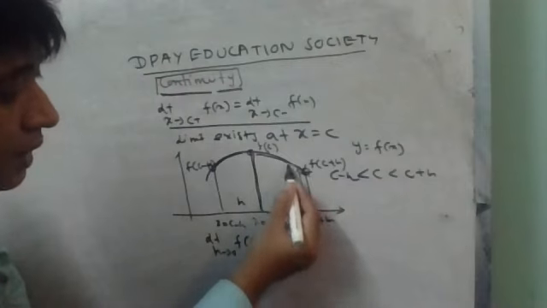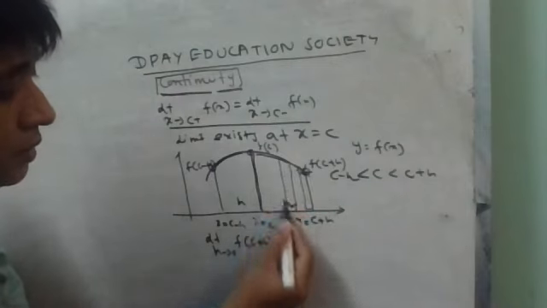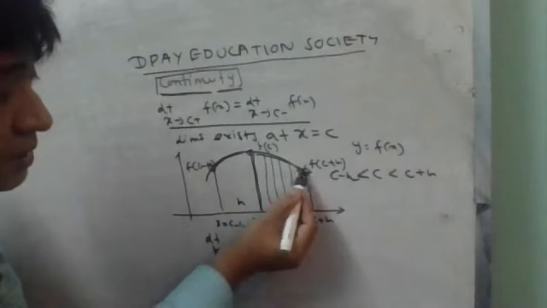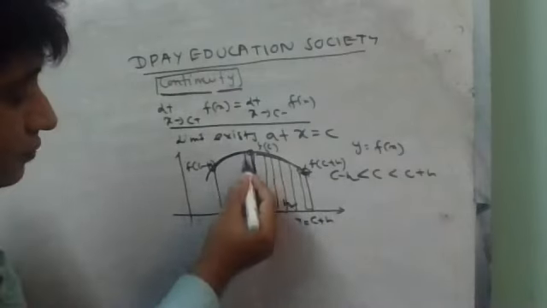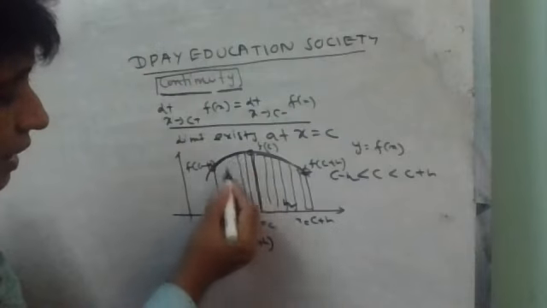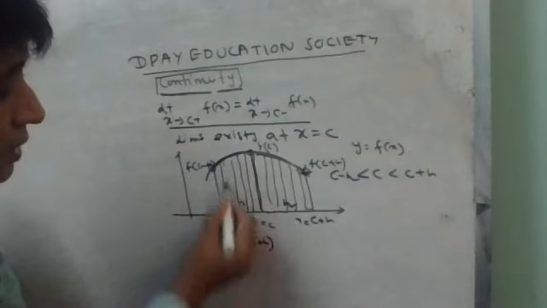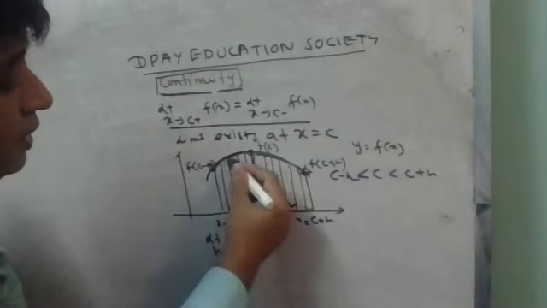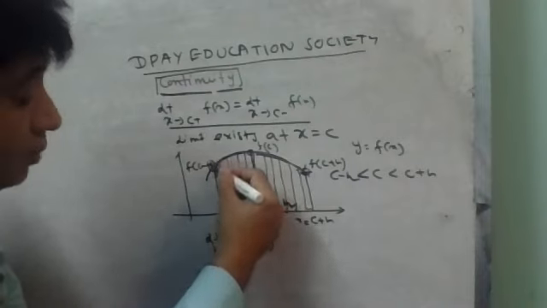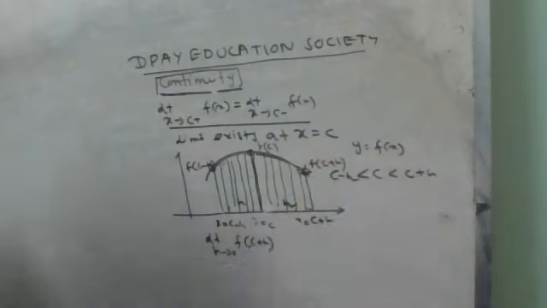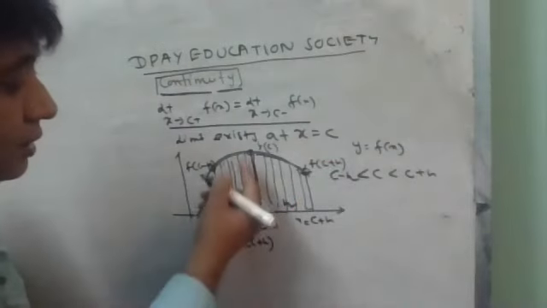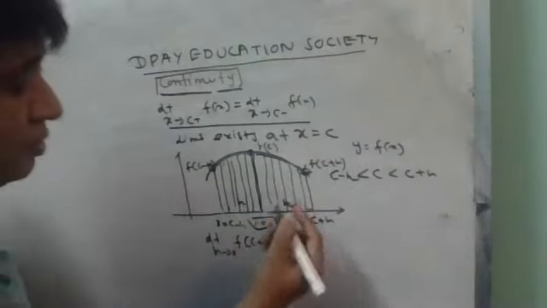You see, h is being reduced. That means the point is approaching this point, and here also from the left hand side h is being reduced. That means this point is approaching this point. This is from the right hand side of x is equal to c, and this is from the left hand side of x is equal to c.